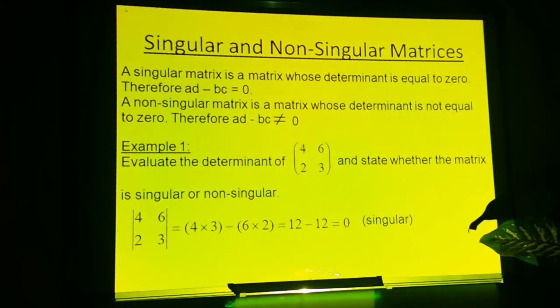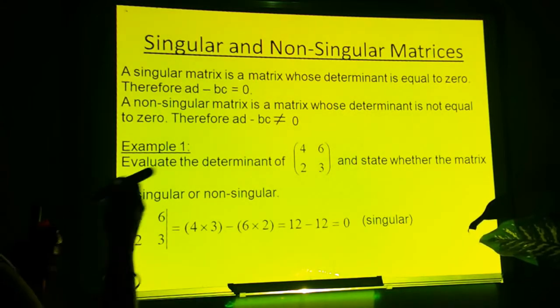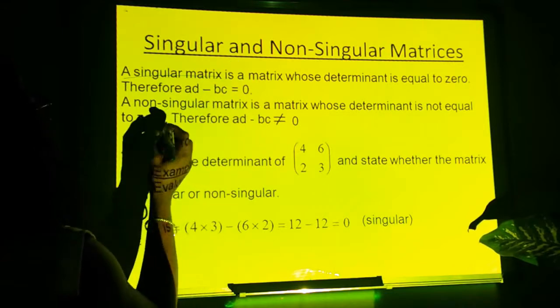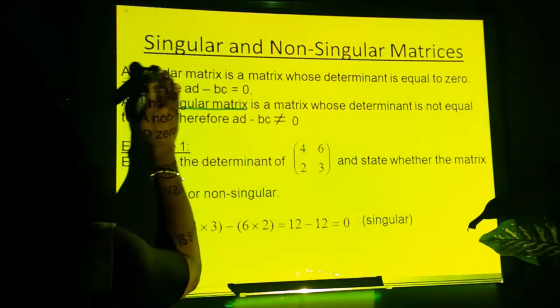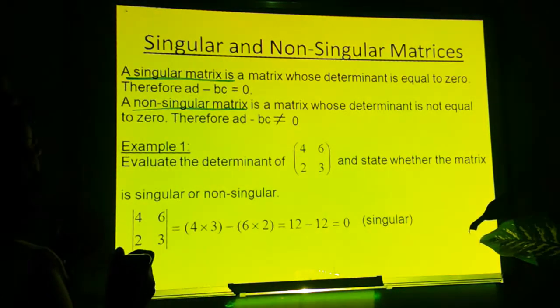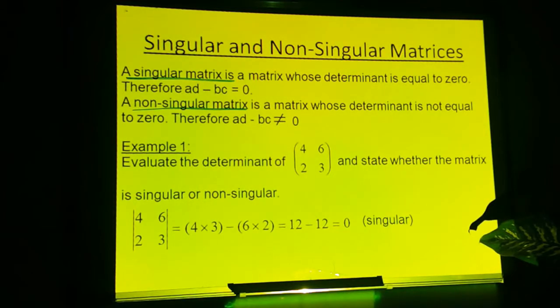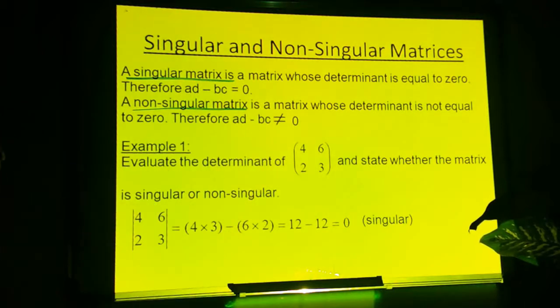So the opposite of singular is non-singular. A non-singular matrix is a matrix where the determinant is not equal to 0. So the formula now would be AD minus BC is not equal to 0.